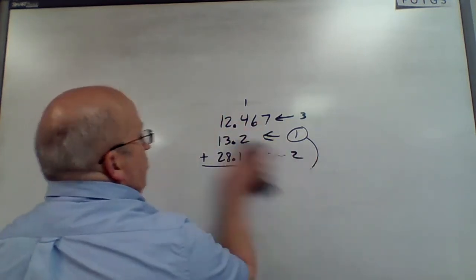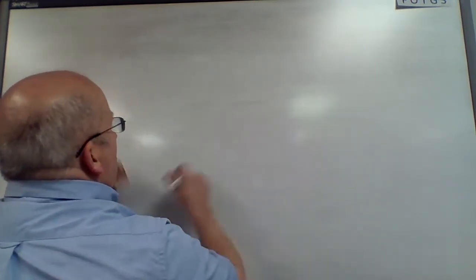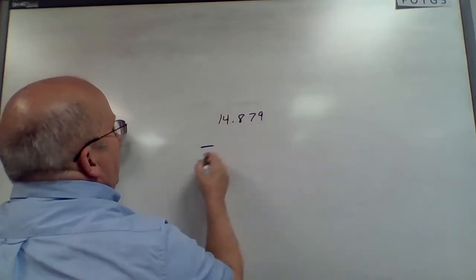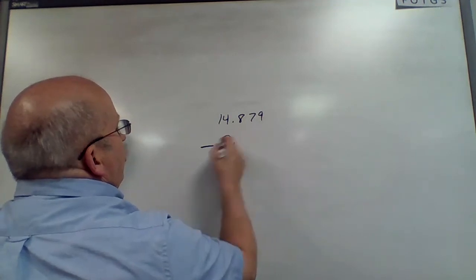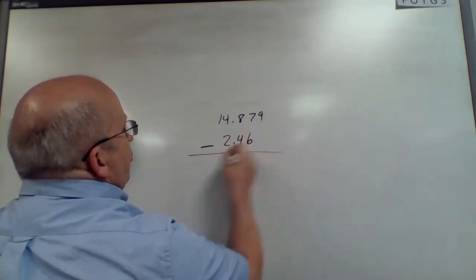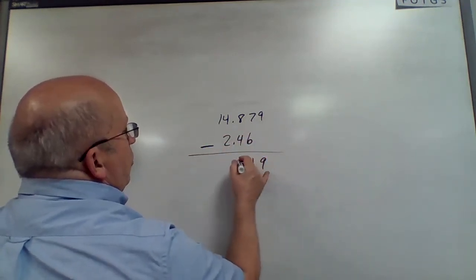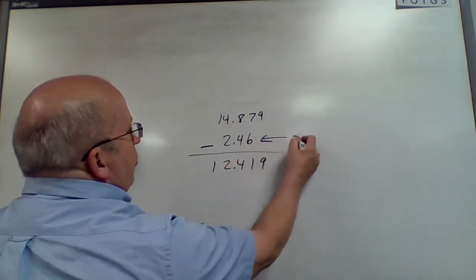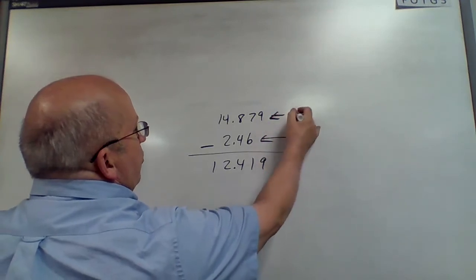But this time, it's going to be a subtraction problem. Let's say I'm subtracting 14.879 minus 2.46. Okay? I would do my subtraction, and then I would look, oh, this has 2 decimal place values, and this one has 3.